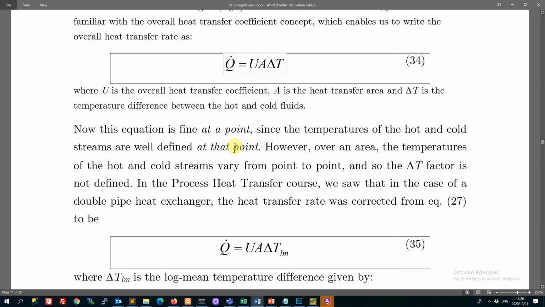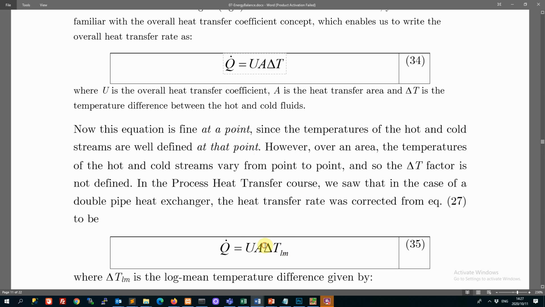Now, instead of at a specific point, if we were looking at a difference that applies over an entire sub-volume, for example a CSTR, then you can talk about a temperature difference across the whole CSTR at different points on that CSTR.